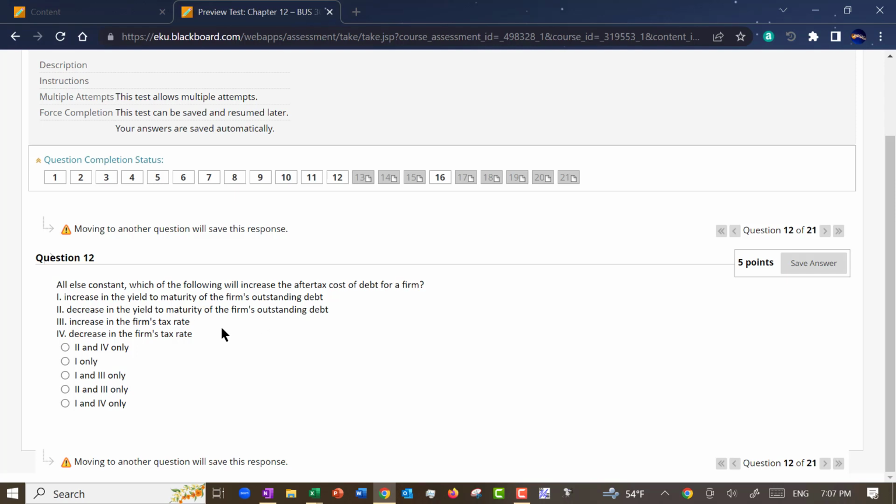If the firm's tax rate increases, that, everything else being the same, decreases the after-tax cost of debt. Of course, if the firm's tax rate decreases, the other way, so it's going to be 1 and 4.